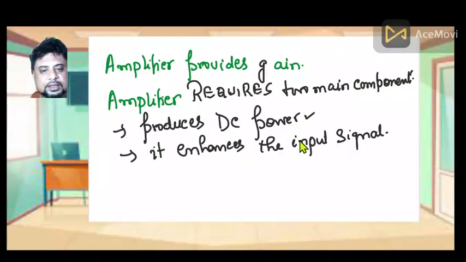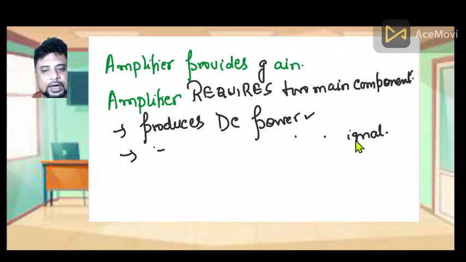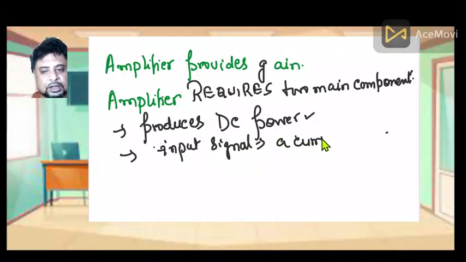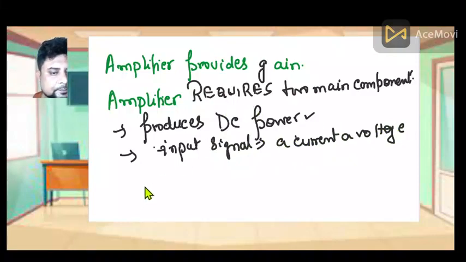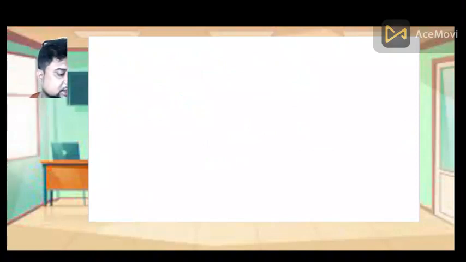First, it requires DC power that is provided by the rectifier, and it requires an input signal. Input signal means a current or a voltage. These two things are required by an amplifier. Then the amplifier works and produces gain. How it produces gain, we will see.